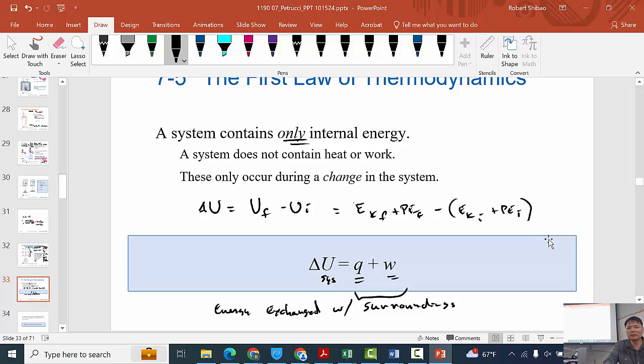Kinetic energy we can determine, so delta EK can be determined. However, delta PE is not.